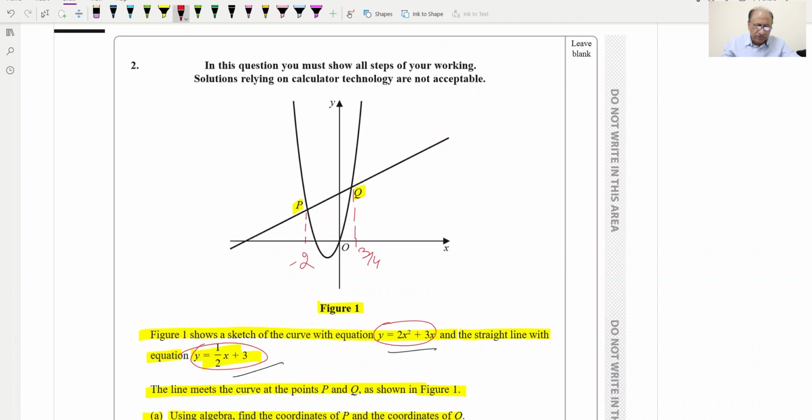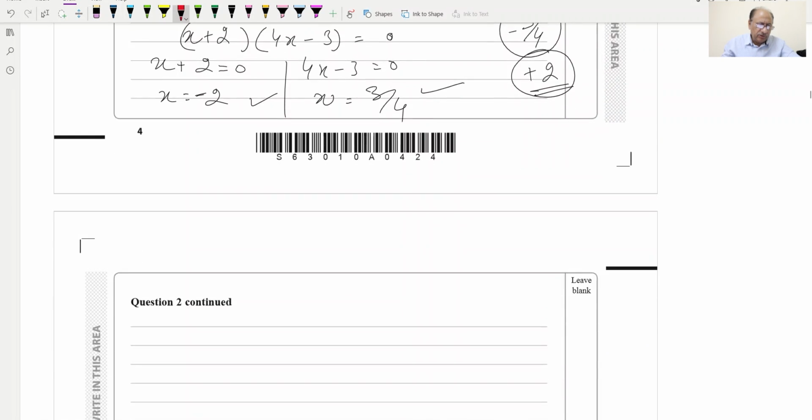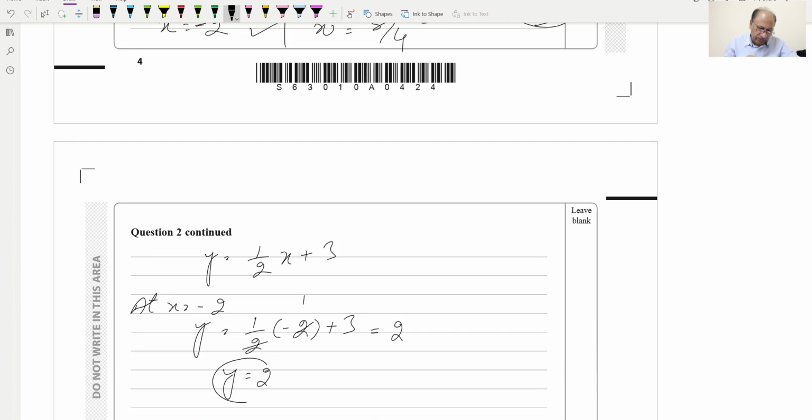So coordinates of P and Q are required, so now we need to find the value of y also, and we can replace in any of the given equations, and I'm replacing in this equation y is equal to 1 by 2 x plus 3. At x is equal to -2, y will be equal to 1 by 2 into -2 plus 3. This will be cancelled, so -1 plus 3 will be 2, and y is equal to 2 in that case.